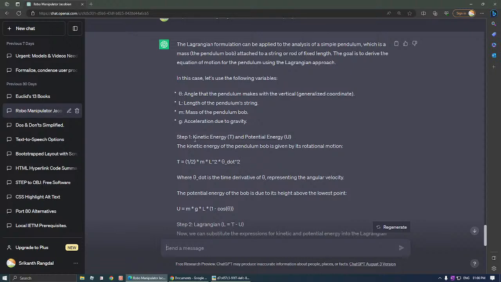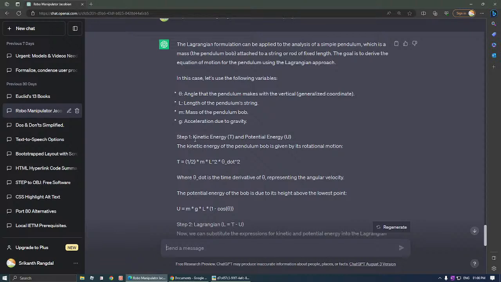So we have step 1, kinetic energy and potential energy. So we have to find the equations of these two, I guess. The kinetic energy of the pendulum arm is given by its rotational motion, with L the length of the pendulum's string.